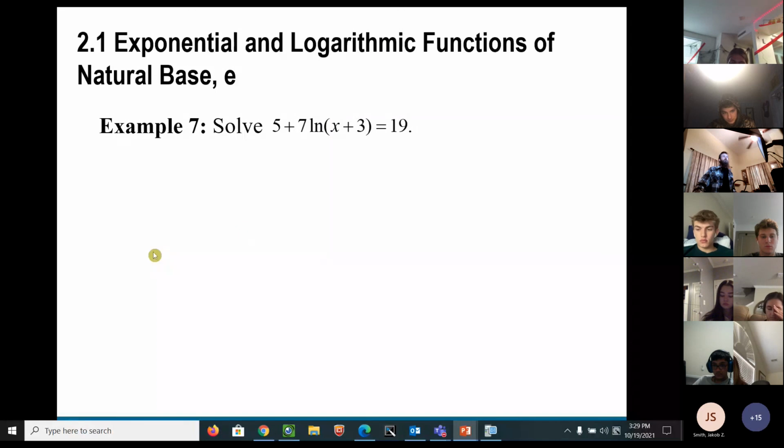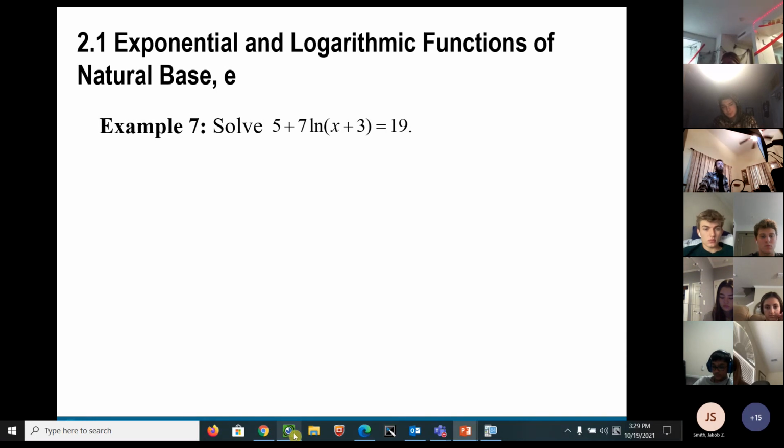Okay, solve. So this is just another review. 5 plus 7 natural log of x plus 3 equals 19. Well, the first thing is you got to get rid of that 5.